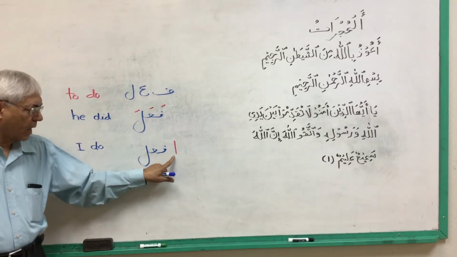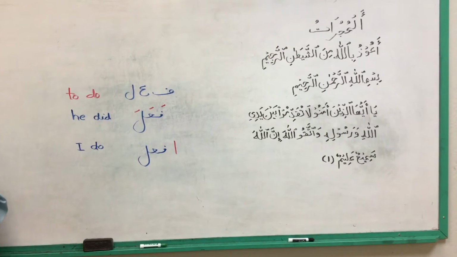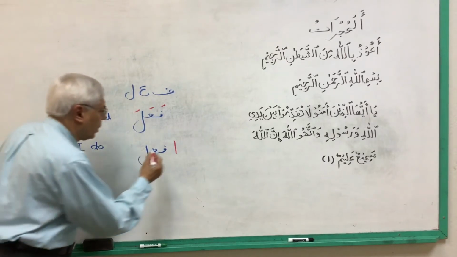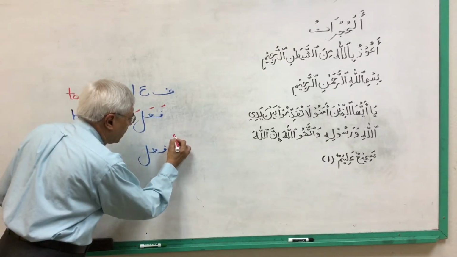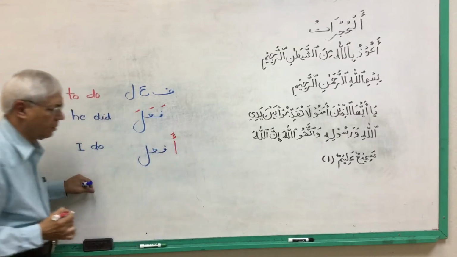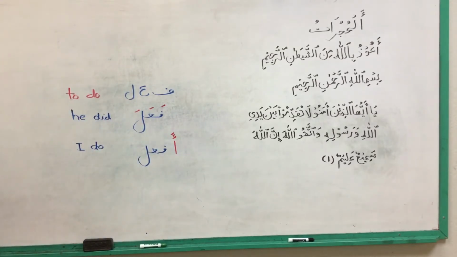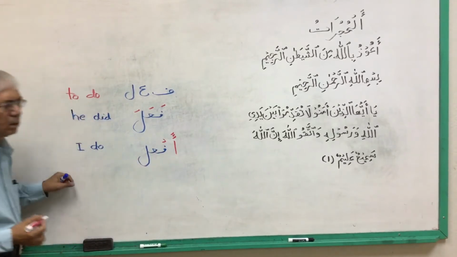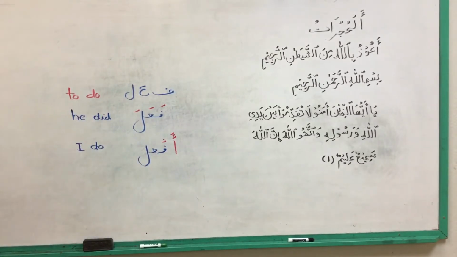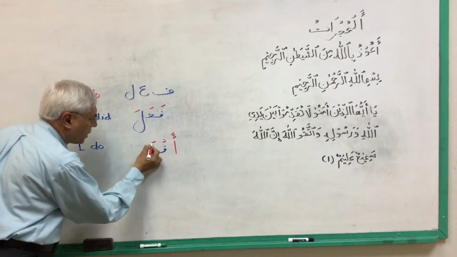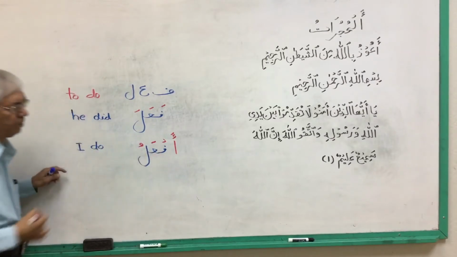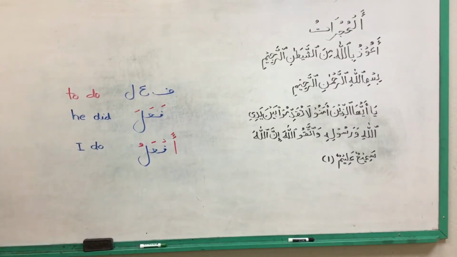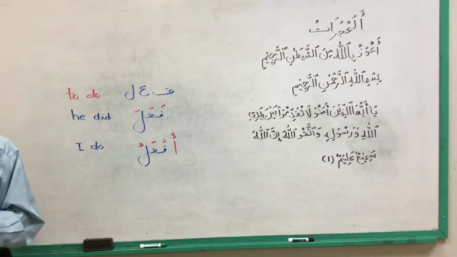Now, I cannot pronounce this, so I need the help of the harakats. So what I do, I put a hamza, which is just like fatah as I mentioned, and put a sukoon here, af, and then put a fatah there and a dhamma there. Now we can pronounce, that's how Arabs pronounce this word, af'alu.